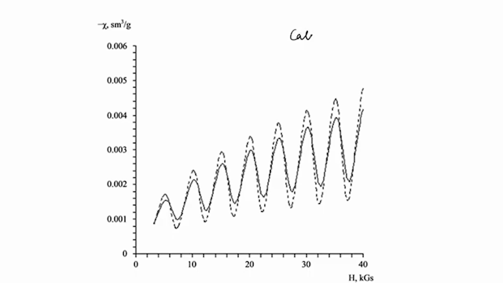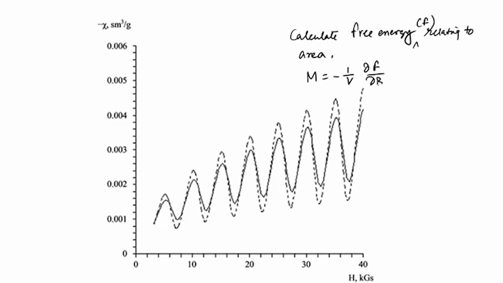And so, one calculates the free energy, relating to area, and so this is F, and then use M is equal to minus 1 over V del F del B, and this is the magnetization, and from there the susceptibility is obtained as M over B.